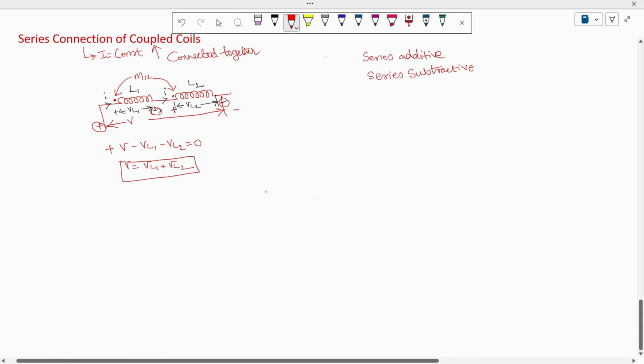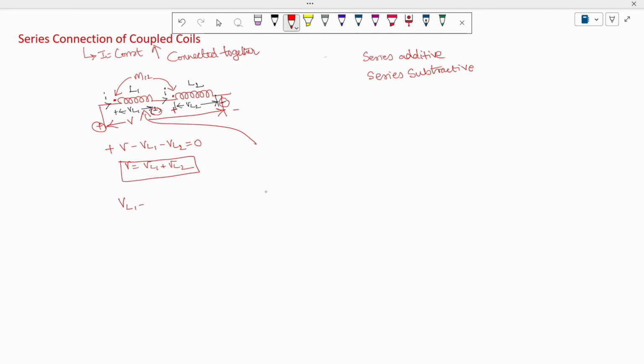Now I would like to write down the voltage across inductor 1, which is due to self-inductance as well as mutual inductance. For VL1, KVL can be written as voltage sources equal to voltage drops, or generally voltage source minus voltage drop, both are the same. The voltage source is VL1, the voltage across inductor 1.